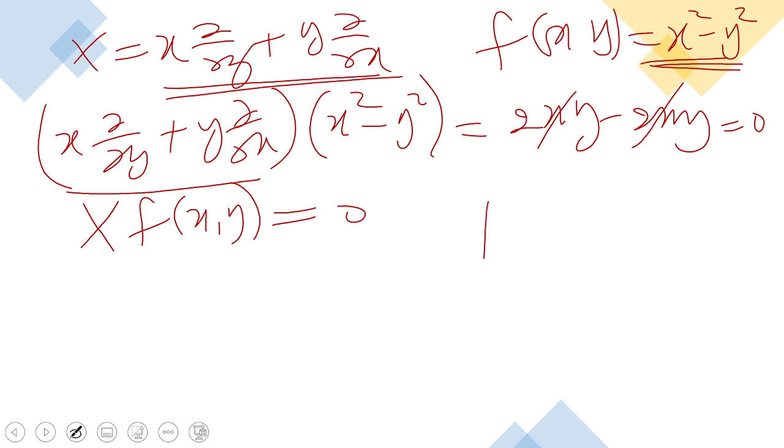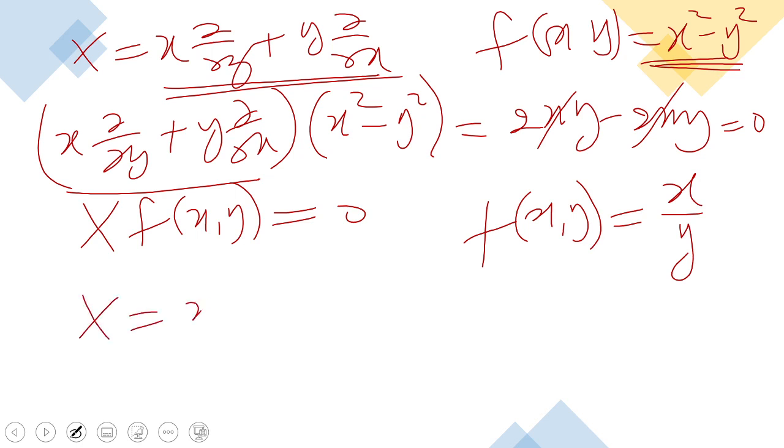Let's see another one. f(x, y) to be x over y. We'll take the operator for it to be x ∂/∂x plus y ∂/∂y.